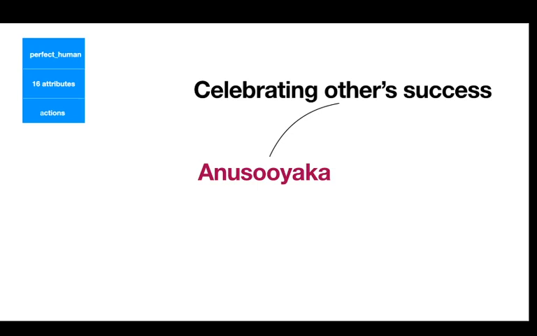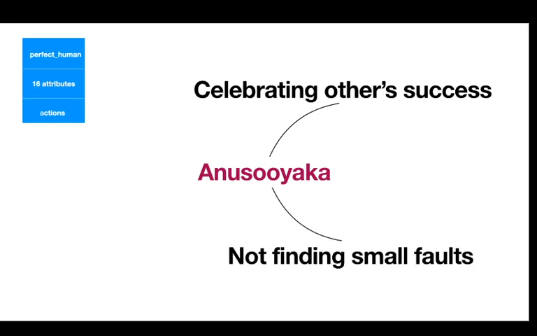He is more forthcoming in participating in the celebration of others. That is the more straightforward meaning: non-jealous. But there is one more meaning, that is not finding small little faults in something which is magnanimous. Both meanings hold good for Anusuyaka.